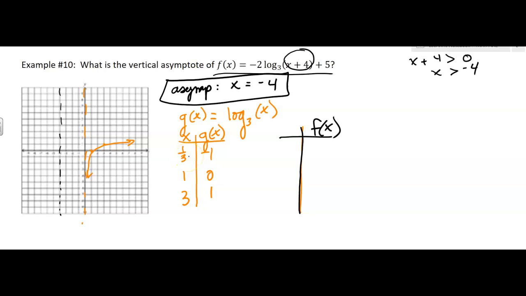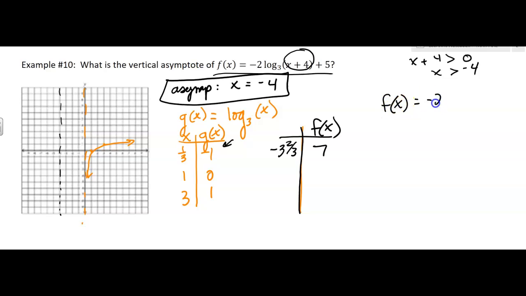So that would be negative 3 2/3, which I don't even want to write, but that's what I'll write. And then the output isn't going to be negative 1. It would be negative 1 times negative 2, which is going to be 2 plus 5, which would give me the 7.